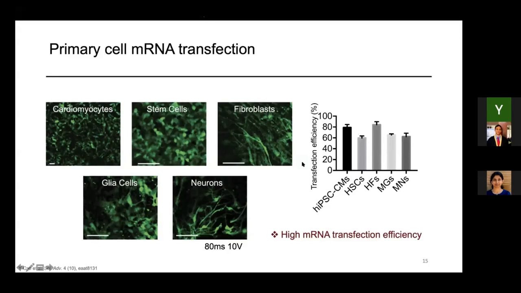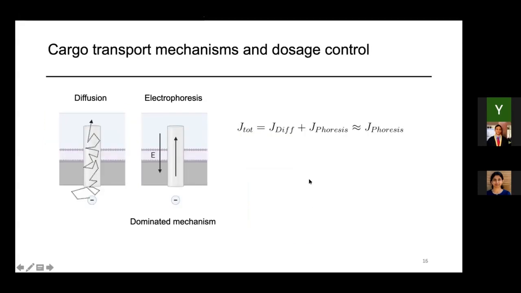This bar graph shows the actual efficiency. The efficiency is about 85% for human fibroblasts, and the lowest is about 65% for the human stem cells. So overall, we have a very good mRNA transfection efficiency.